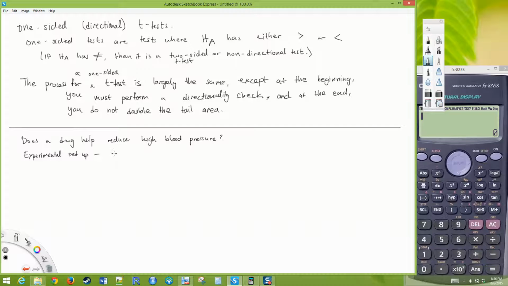Okay, so experimental setup, you get a bunch of patients with high blood pressure. So I think that's defined as like over 140 or something. Over 140 systolic. All right, and then we do random assignment.